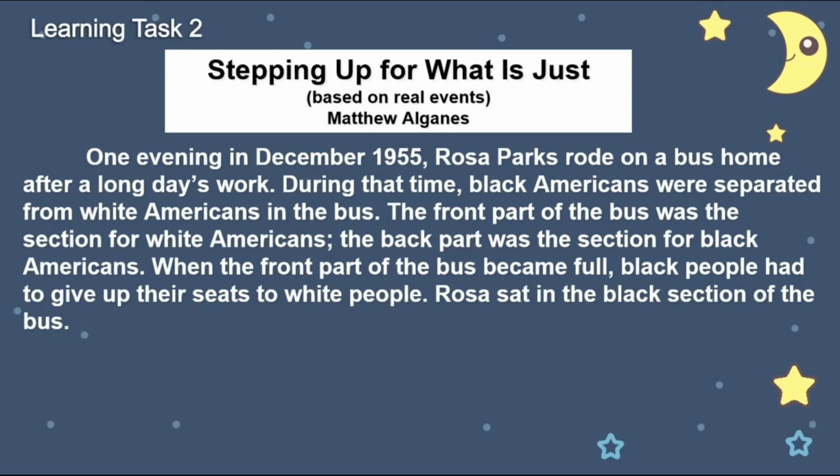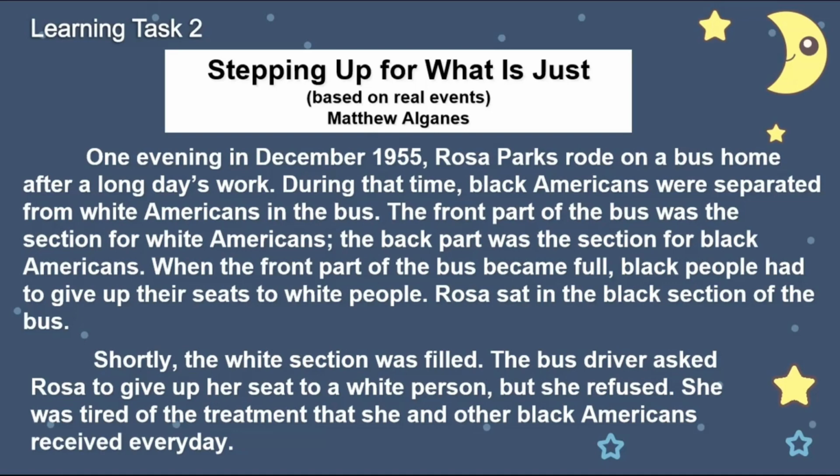The front part of the bus was the section for white Americans. The back part was the section for Black Americans. When the front part of the bus became full, Black people had to give up their seats to white people. Rosa sat in the Black section of the bus.